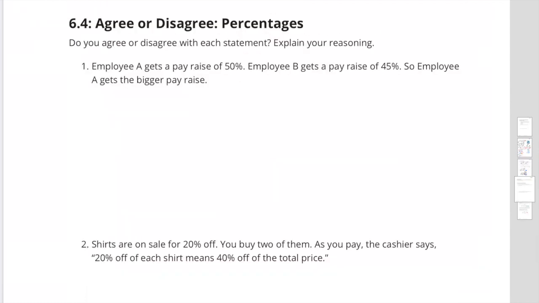Okay, 6.4. Do you agree or disagree with each statement and explain your reasoning? So number 1, employee A gets a 50% pay raise, and employee B gets a pay raise of 45%. So employee A gets the bigger pay raise. Agree or disagree? Why? So let's think about this. If we have employee A, so here is their 100%.